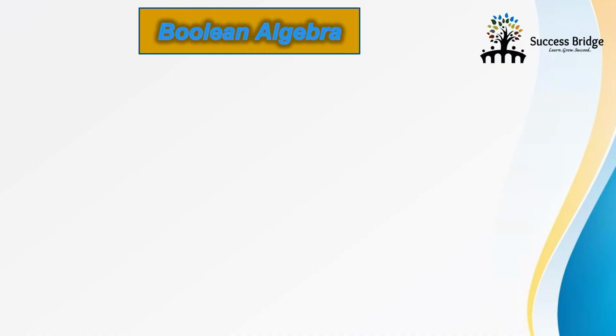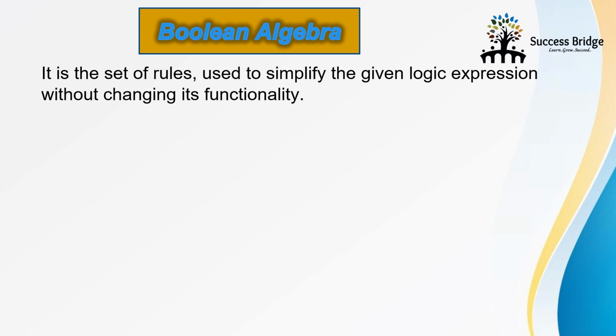Today we are discussing Boolean Algebra. Boolean Algebra is a set of rules used to simplify a given logic expression without changing its functionality. If we are given a logic expression, we want to minimize this expression with the help of a set of rules.